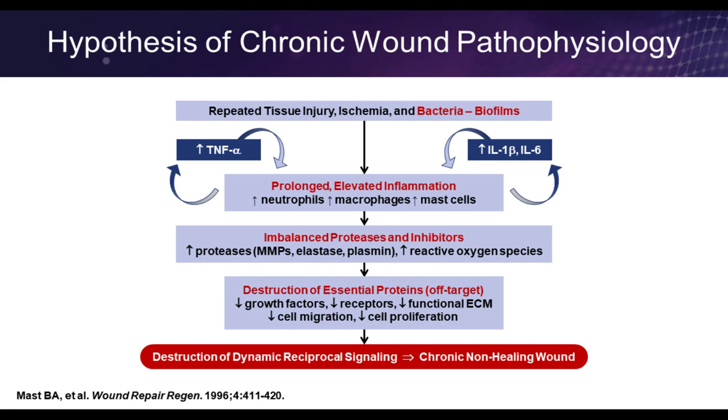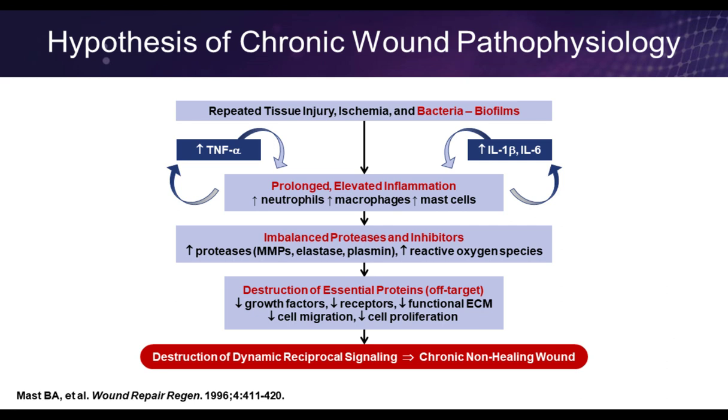So when these acute wounds begin to slow and stop, there's usually some repeated tissue injury, there's usually some ischemia, but importantly, we now understand that although there are contaminating and colonizing bacteria, in many cases the inflammatory cells don't clear them well enough, and these bacteria can convert into the biofilm phenotype that we'll look at in more detail.